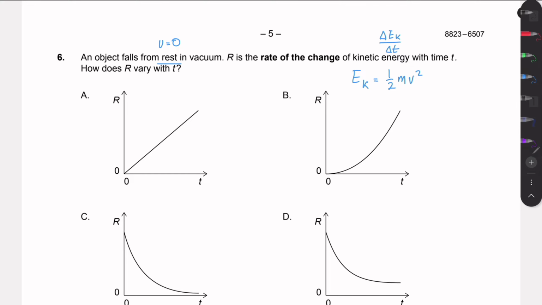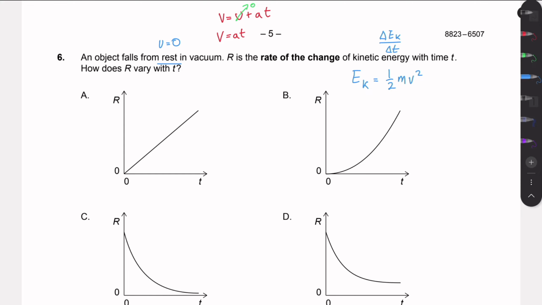Well, if we look in our data booklet, we'll see that there's a very nice equation that does this. v is equal to the initial speed plus acceleration times time. We know that the initial speed is 0, so our velocity as a function of time is just acceleration times time. And well, our acceleration is going to be constant here, but that's also not so important here.